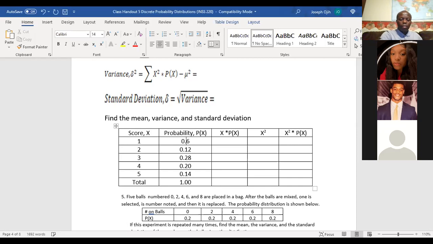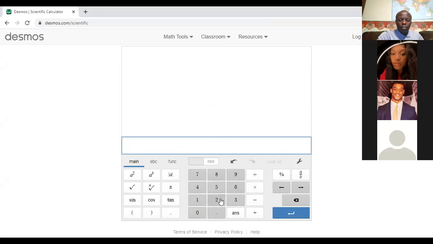So for this one, it's going to be 1 times 0.16 gives us 0.16. 2 times this gives us 2 times 0.12. 2 times 0.12 gives us 0.24.